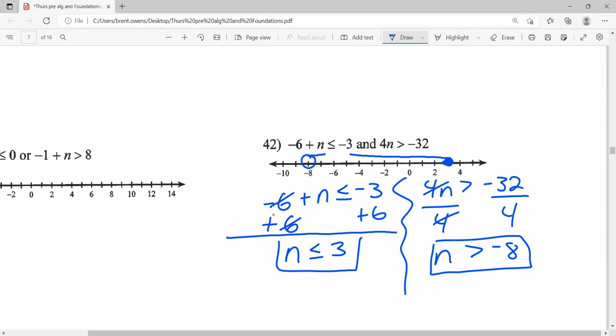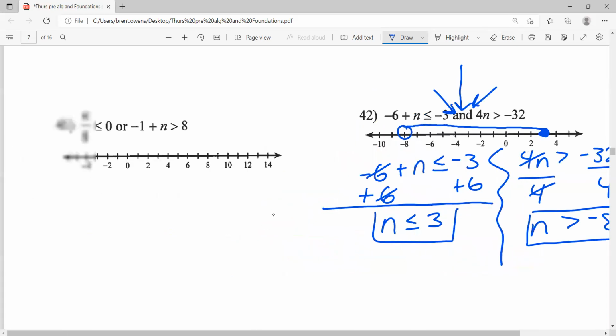And they're going to kiss right here in the middle and be connected. The clue there, right from the beginning, was the word and. If you see that, you know they're going to connect in the middle. And means that you would connect them. Or means they're going to be going in opposite directions with some combination of the circles filled in or not.